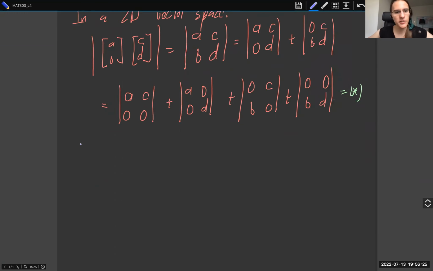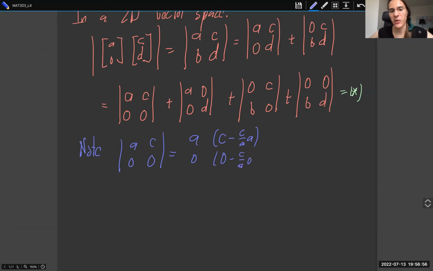Note that D of (A, 0), (C, 0) is equal to D of (A, 0) and then (C minus C over A times A, 0 minus C over A times 0).